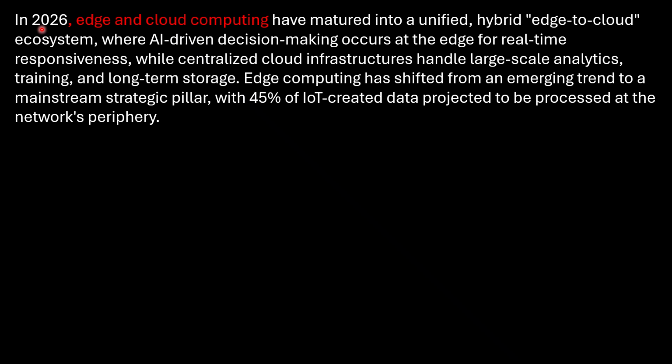Friends, in 2026, edge and cloud computing have matured into a unified hybrid edge-to-cloud ecosystem where AI-driven decision-making occurs at the edge for real-time responsiveness, while centralized cloud infrastructure handles large-scale analytics, training, and long-term storage.